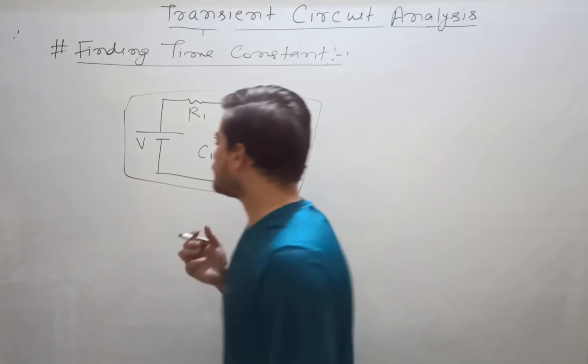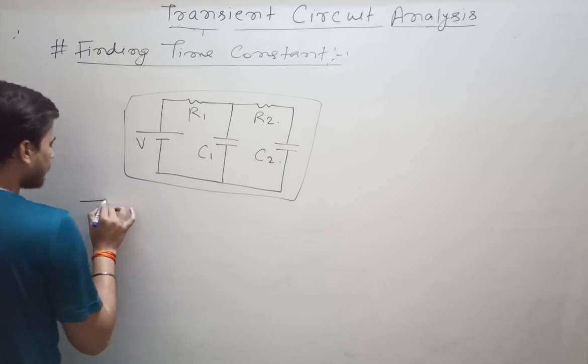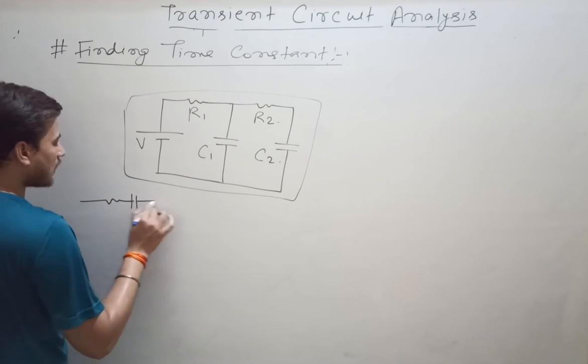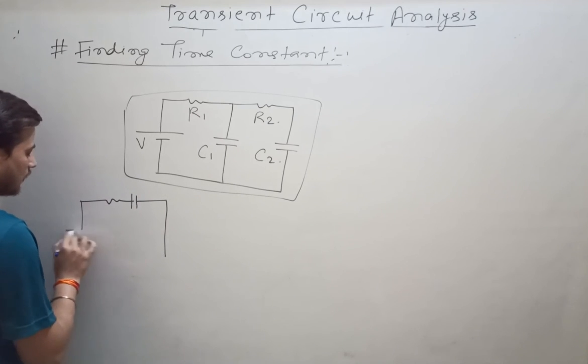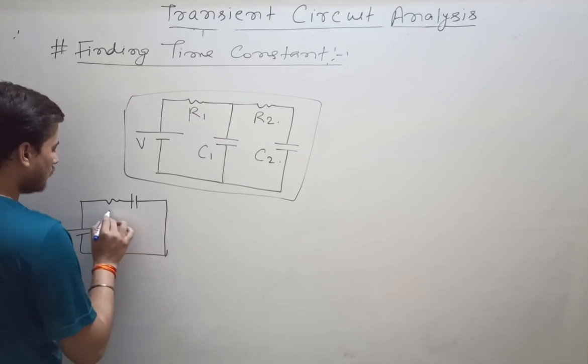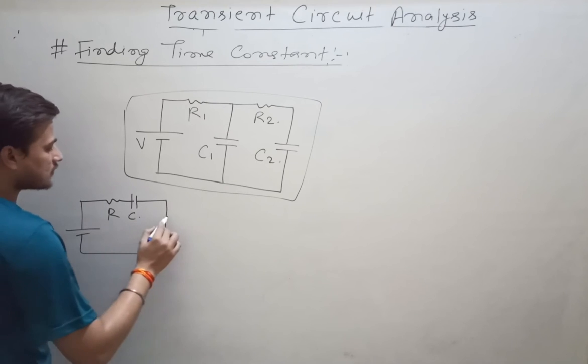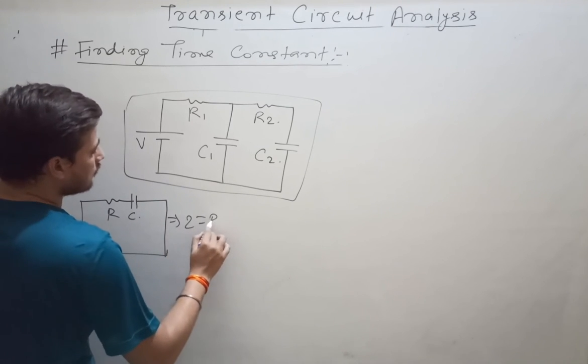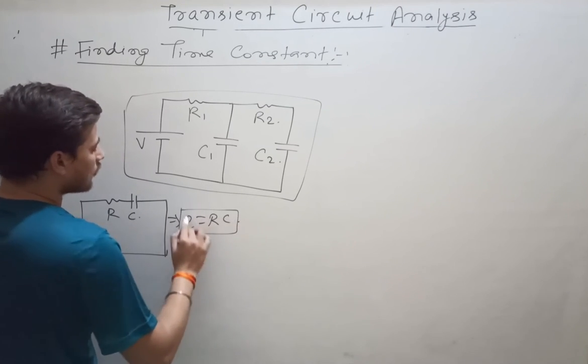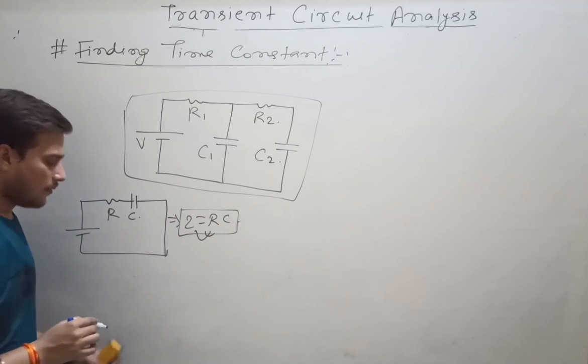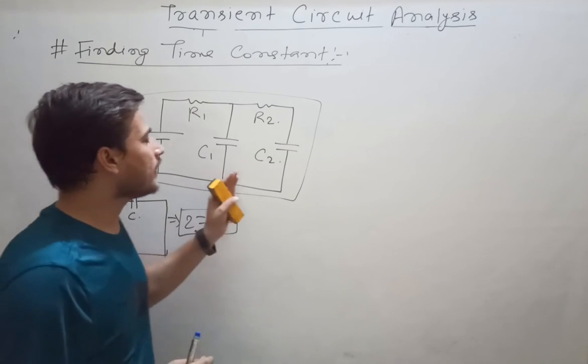If you have a simple RC circuit, then its time constant is tau equal to RC. But in this condition, how to find the time constant?